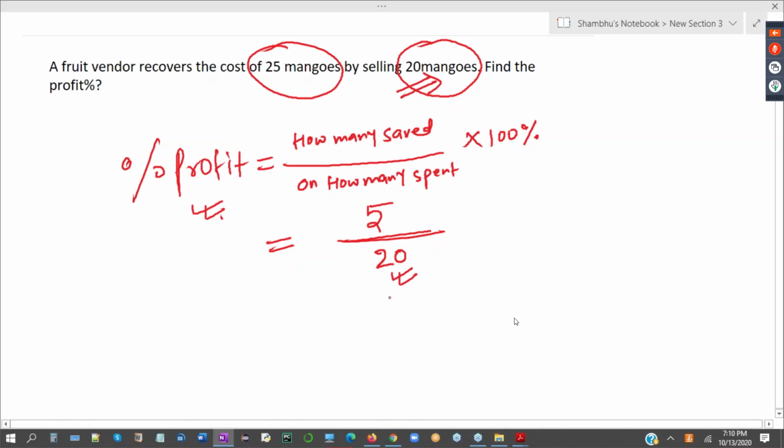So 5 mangoes are saved on 20 mangoes, multiplied by 100. So 5 into 4, 4 into 25. So profit percent is 25%. Okay.